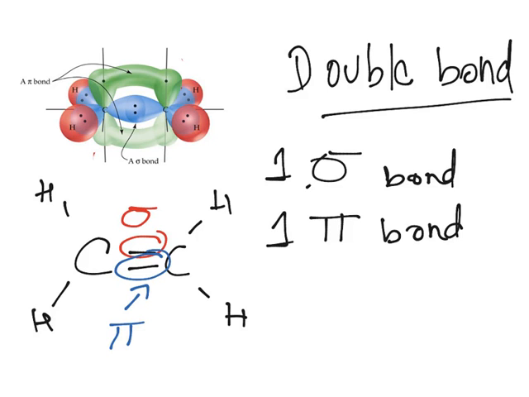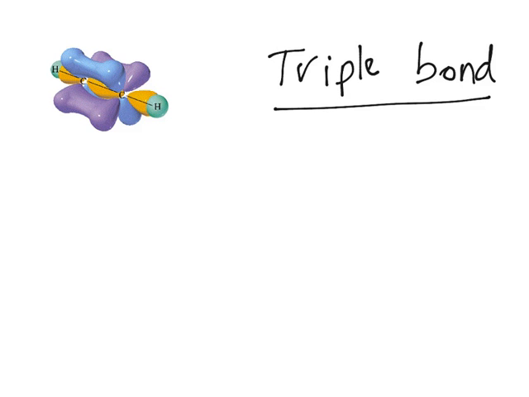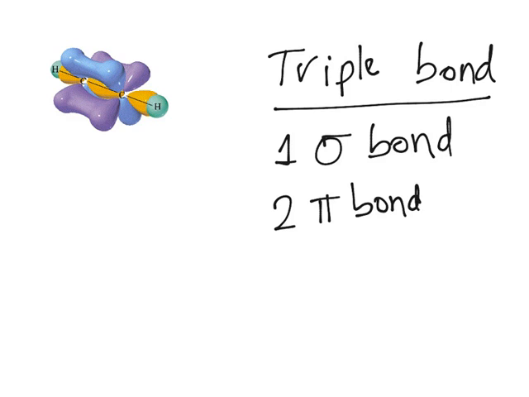And finally, triple bonds. They have one sigma bond. Remember, everything has one sigma bond and two pi bonds. And it's pretty much the same drawing.